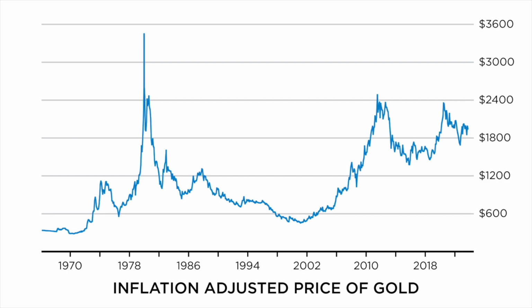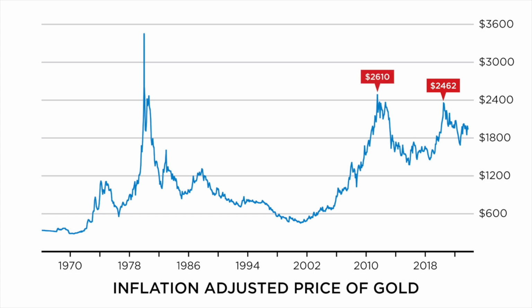Adjusted for inflation, the price of gold right now is lower than it was in any of its 3 previous peaks. In today's dollars, the price of gold during the summer of 2020 was $2,462 per ounce.